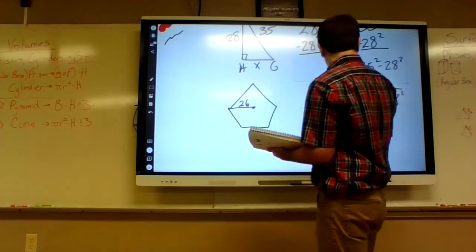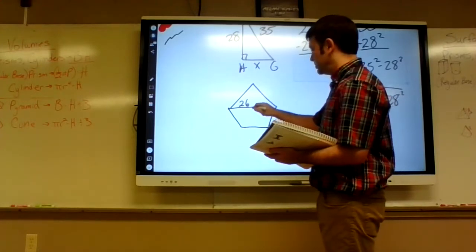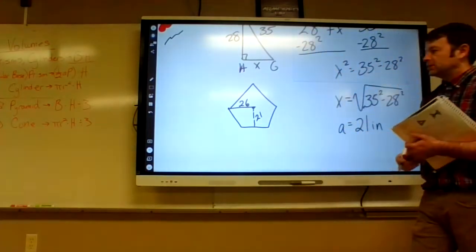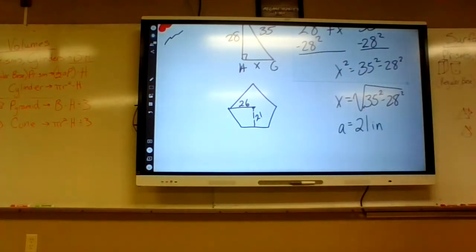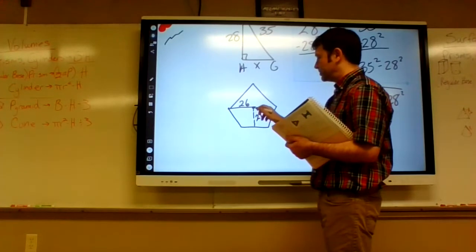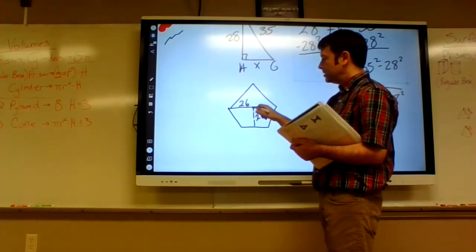And we just found the apothem, which was 21. So, how can I find a base edge? Well, the way I drew it makes it look like a right angle right there, but that's not the case. I didn't draw it very well.